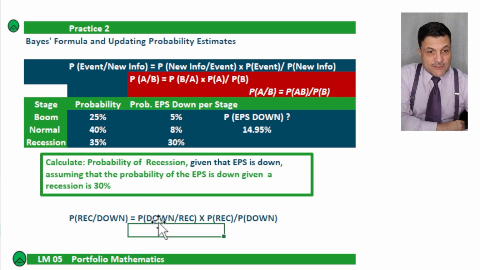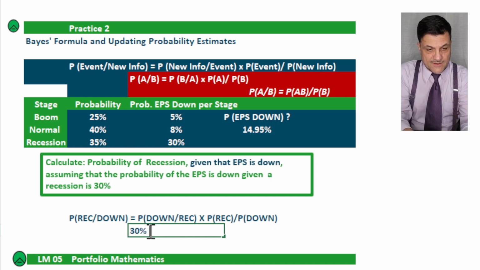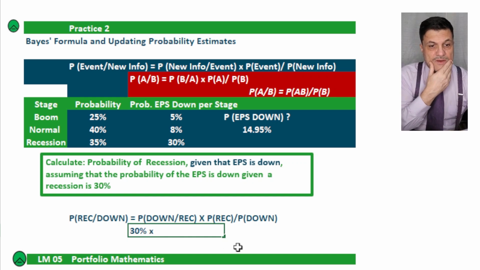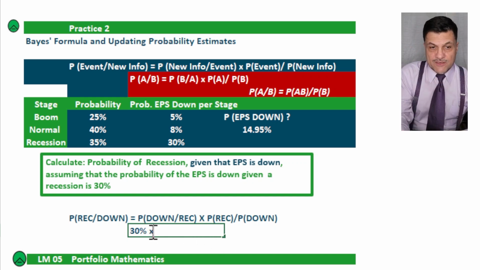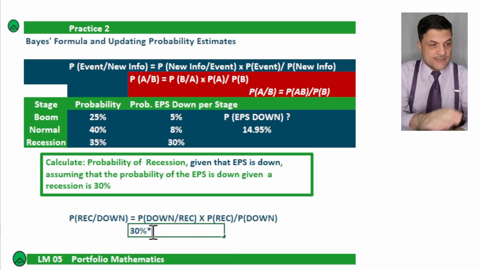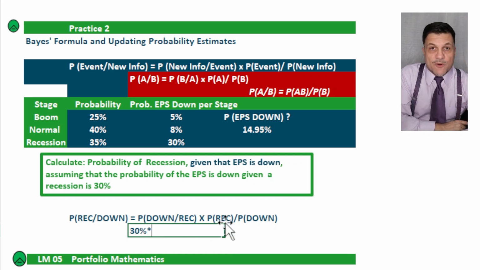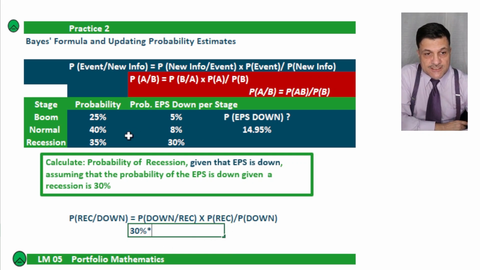Great. Now let's look into the problem if you can find it. Good. Probability of going down given a recession. It's 30%. Right there. It's even given here. 30%. So put it there. Times the probability of recession. We just find it there. The probability of recession is 35%.